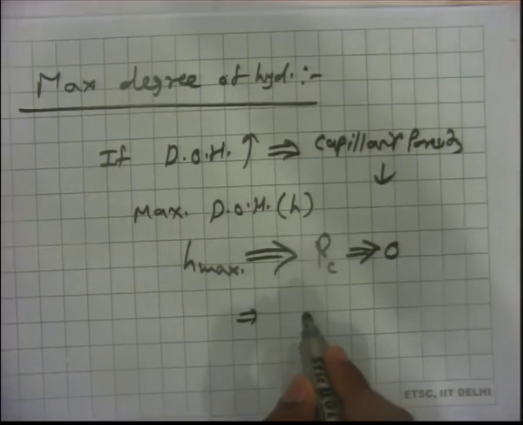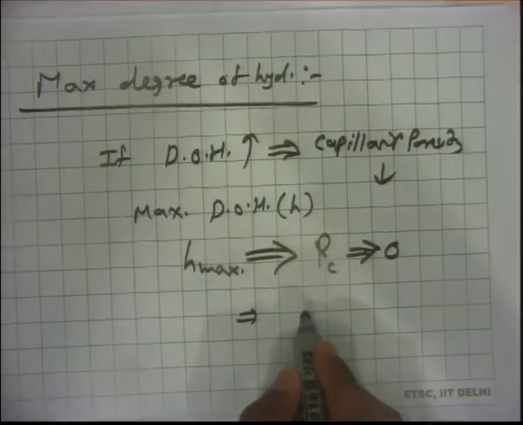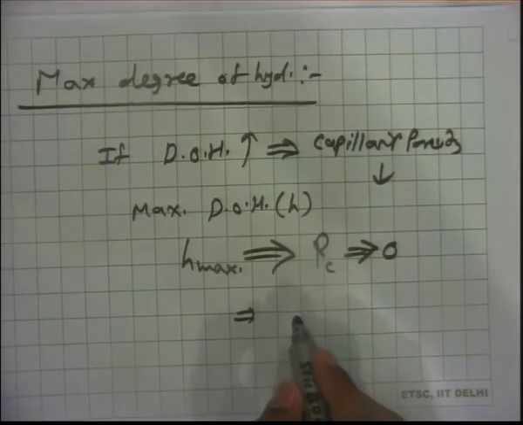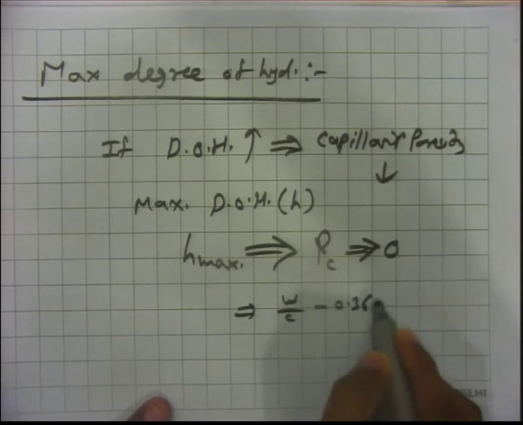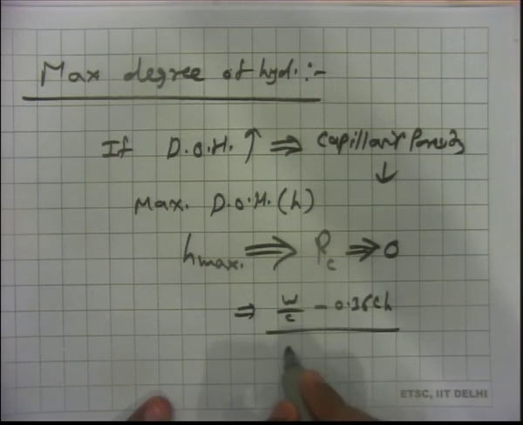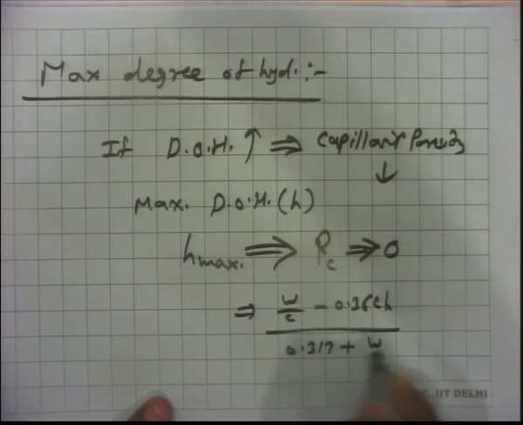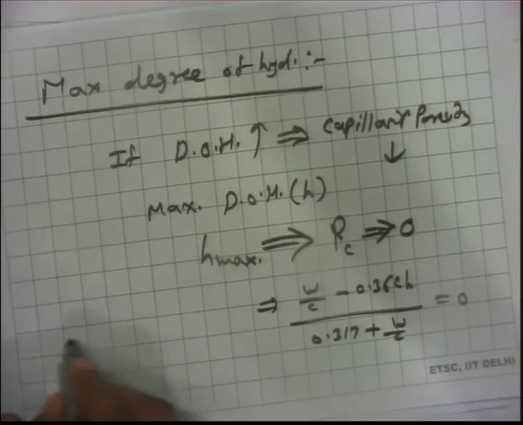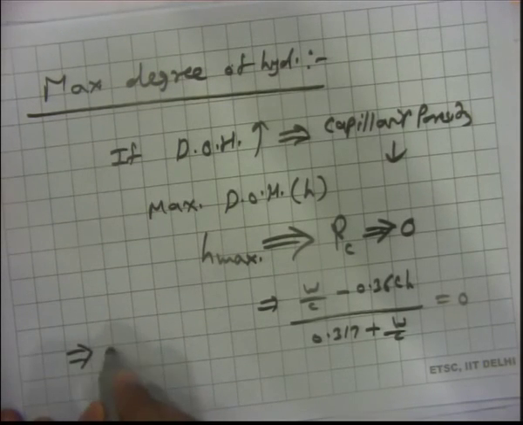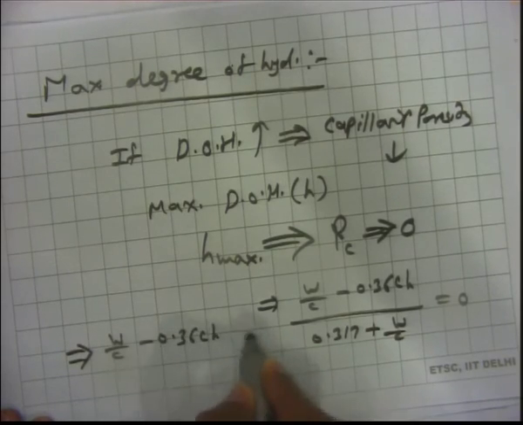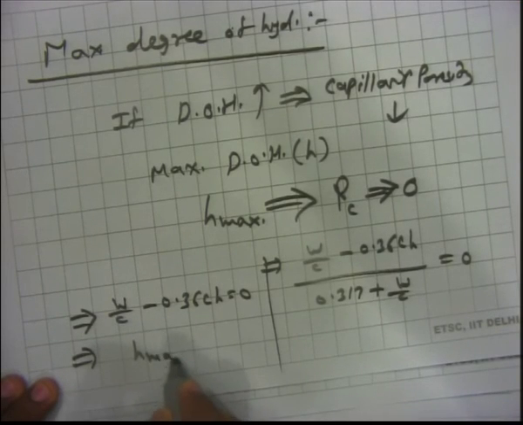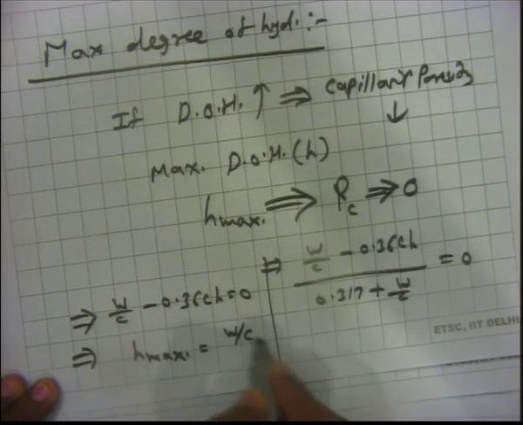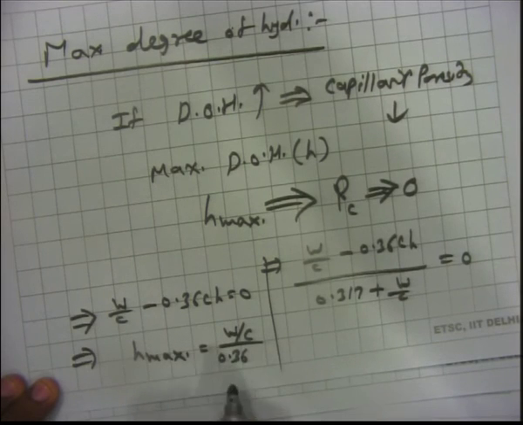Now we have seen the formula for Pc. It was W by C minus 0.36 Ch, divided by 0.317 plus W by C, is equal to 0. From this we can calculate W by C minus 0.36 H is equal to 0, and it will say H max is equal to W by C divided by 0.36.